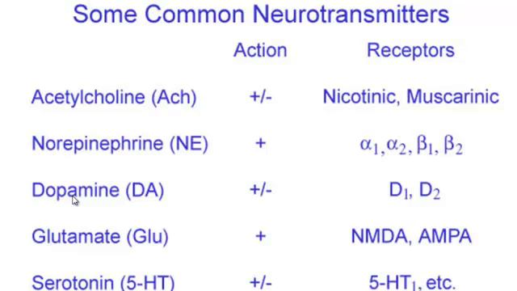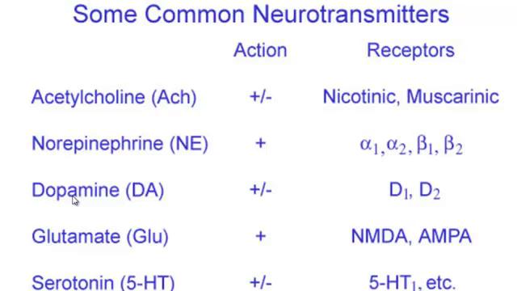Acetylcholine's receptors are nicotinic and muscarinic. Norepinephrine is a neurotransmitter, and it is also in the brain, in the central nervous system. Its receptors are called alpha and beta, and norepinephrine is an excitatory neurotransmitter. It causes the postsynaptic cell to fire more often.